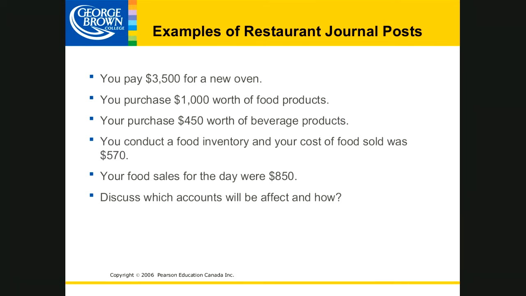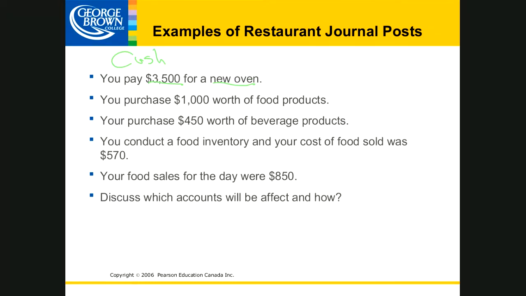Okay, so you pay $3,500 for a new oven. You paid $3,500, so we can assume that this is going to affect your cash account because you now have $3,500 less cash because you purchased a new oven. So what do you have for that?